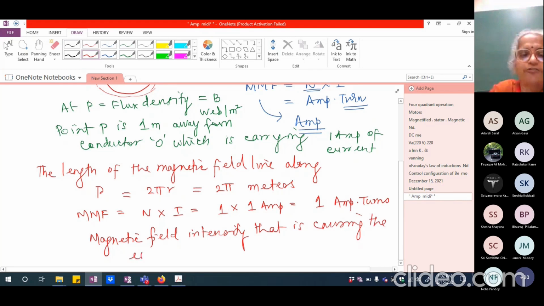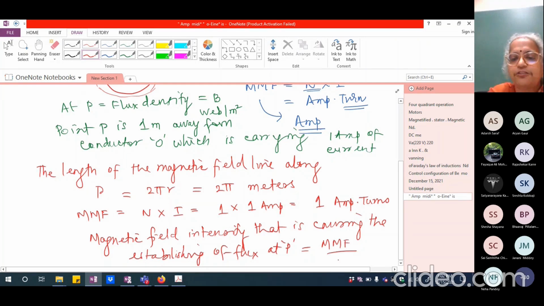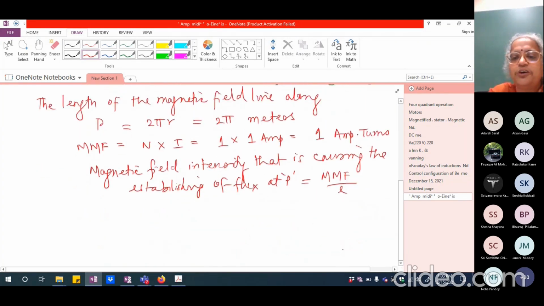the establishment of flux at P will be equal to whatever is the ampere turn, that is MMF, divided by the length of the magnetic circuit. So MMF here is 1 ampere turn and the length of the magnetic circuit is 2 pi meters.